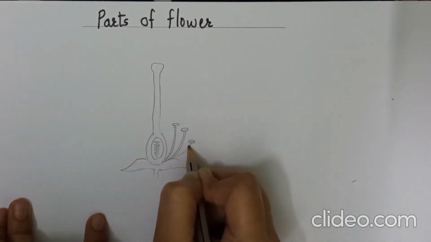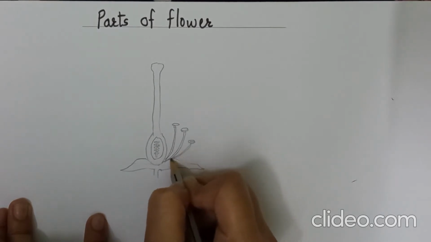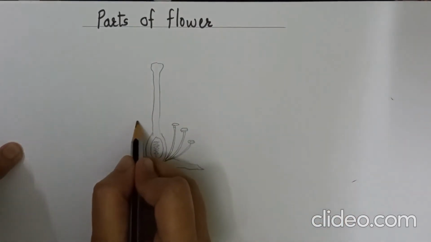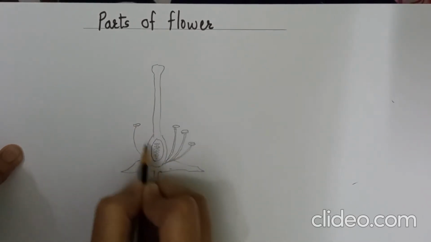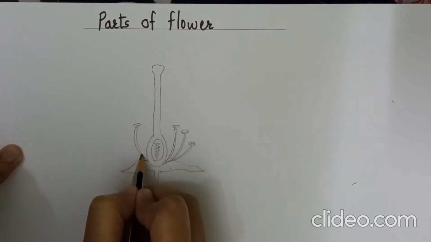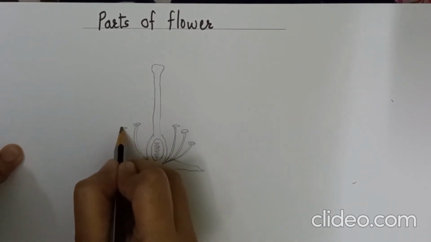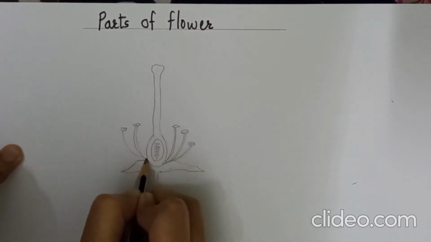Okay, try to join it over here. Same way we'll be drawing on both the sides of your style, anthers and the filaments. Okay, these are the male reproductive organ.